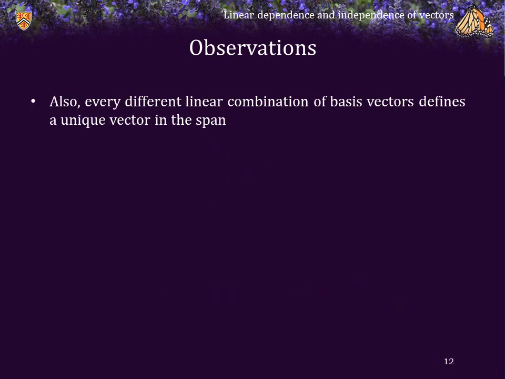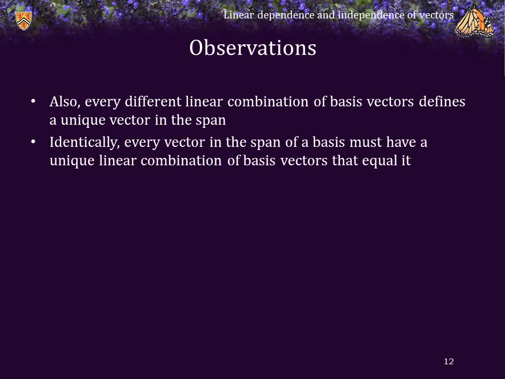Also, one thing that is nice about a basis is that every different linear combination of a collection of basis vectors defines a unique vector in their span. Identically, every vector in the span of a basis must have a unique linear combination of basis vectors that equals it.